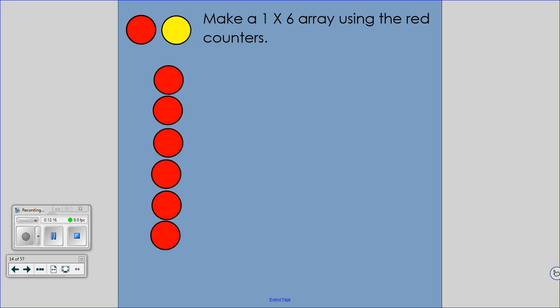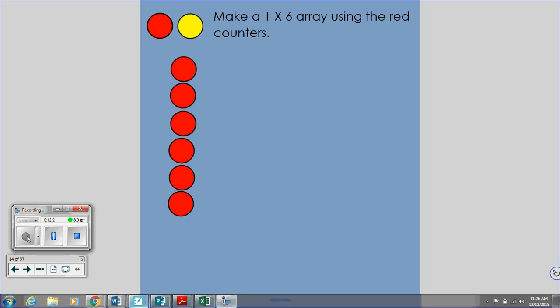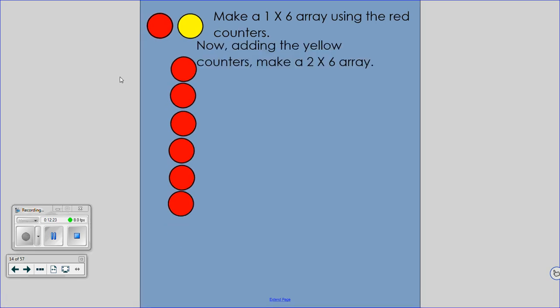Good job. Now, using the yellow counters, I want you to turn your 1 by 6 into a 2 by 6. So you're going to have a 2-colored array.